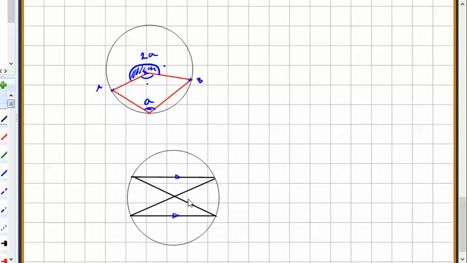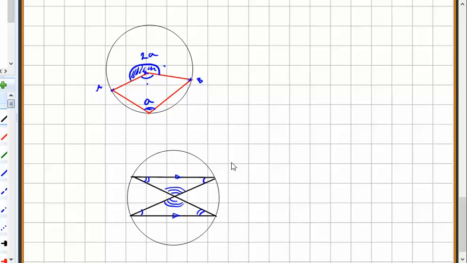So again, you know all the rules to do with parallel lines. You know, angles being equal, right? And if those two are equal, and obviously these ones in the middle therefore have to be equal.